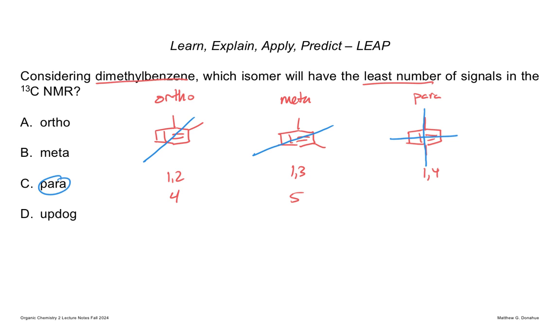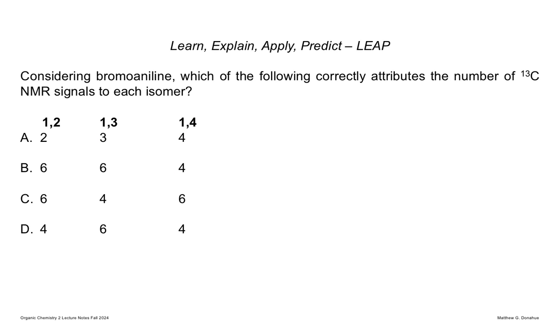So this is going to have 3 unique carbon signals. Keep in mind, if, again, on a di-substituted aromatic, if the substituents are different, these numbers can change. You just have to do it on a case-by-case basis. So here's an example of that.